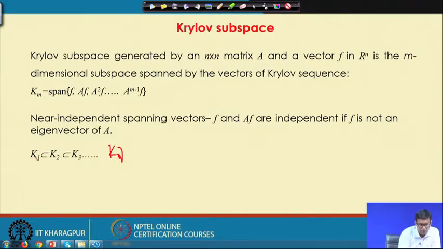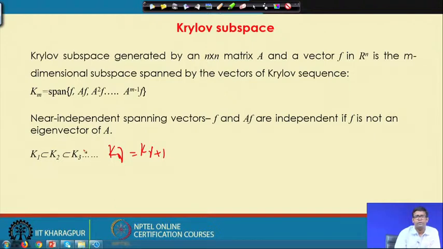So K 1 is smaller than K 2; f and A f span a subspace of f, A f, A square f, where there are two independent vectors. When I add A square f, it is another independent vector. When I add A cube f, I will add another independent vector, and this will probably happen till I get K nu, and then K nu plus 1 will be the same as this space, because when I am not adding any further independent vector, the space I have already formed will remain constant if I add any dependent vector into that.